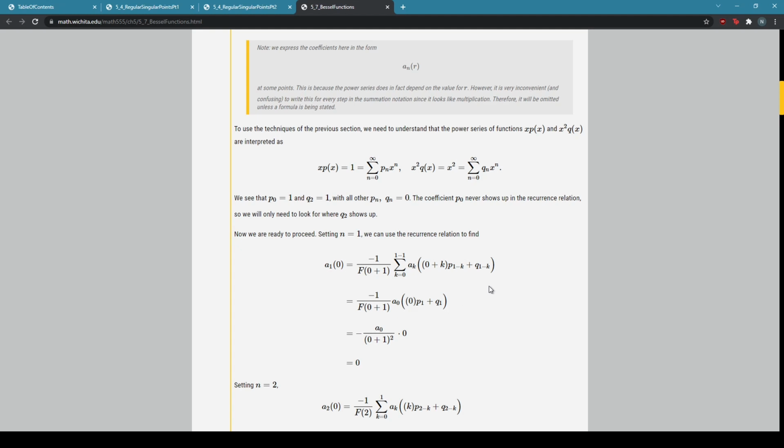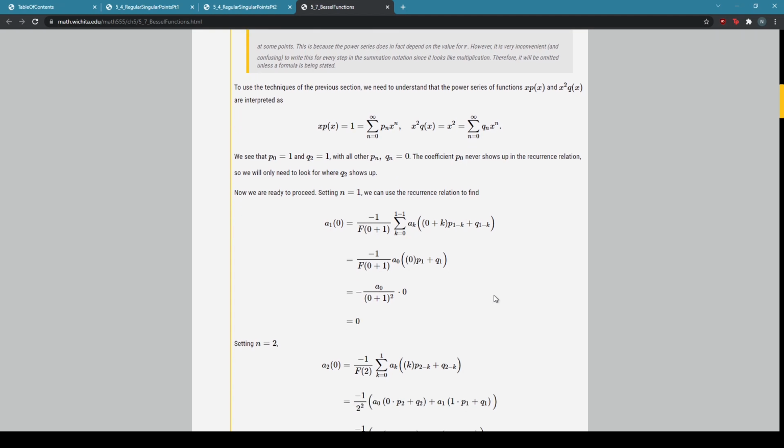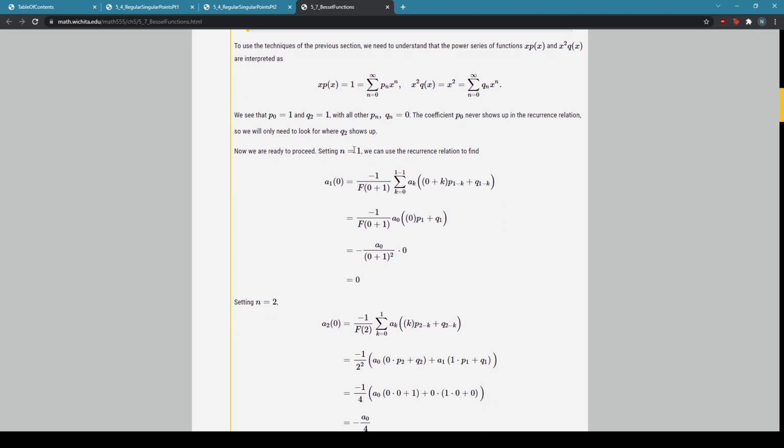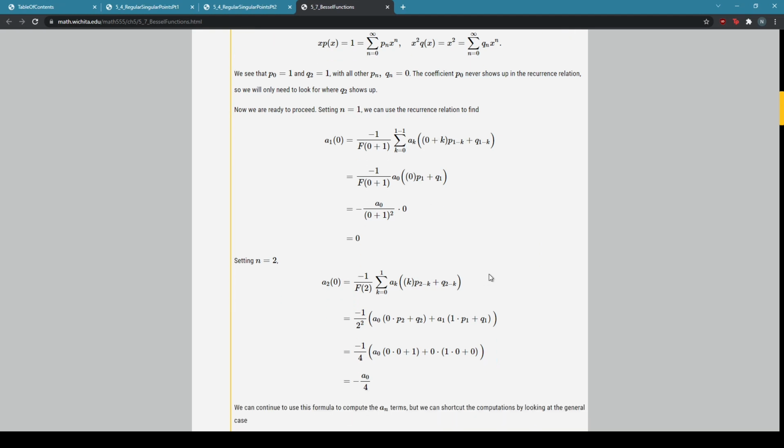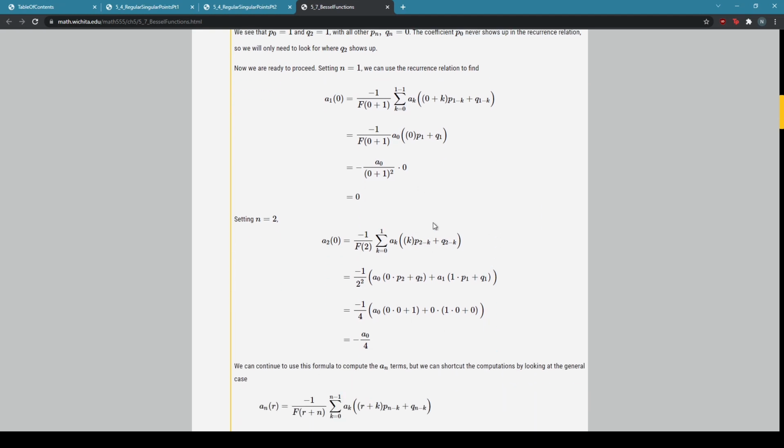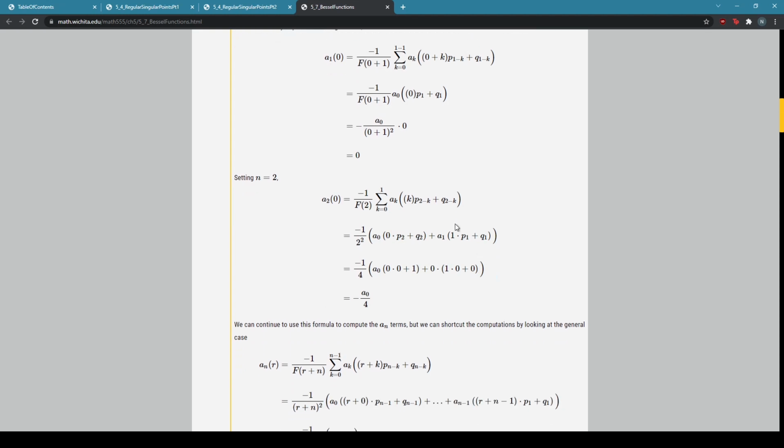Everything else is 0, which means that most of these expressions are going to be easy to compute. All right, so we go through here, we plug in values, and we can see that because there are so many zeros involved in the computations that come up, most of the terms are pretty easy to deal with.